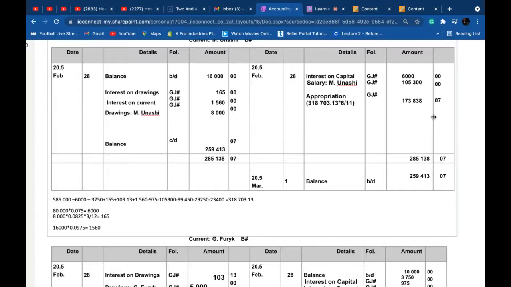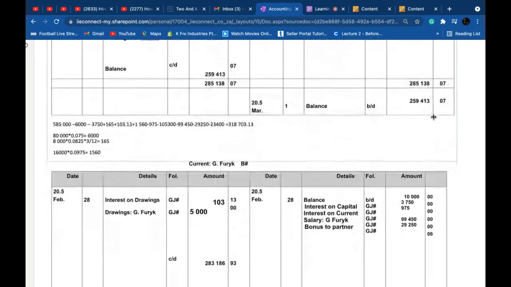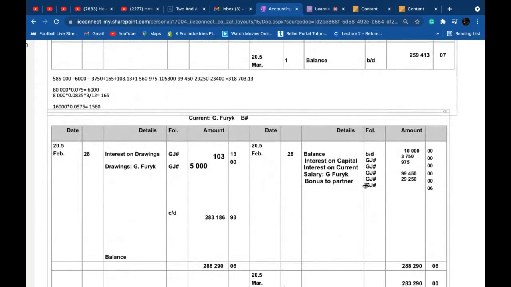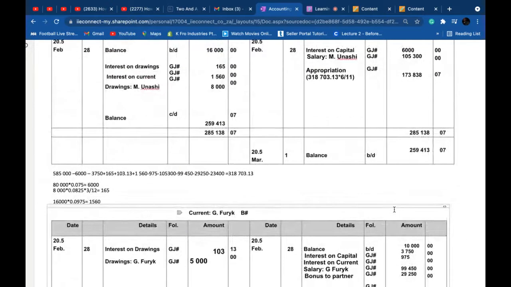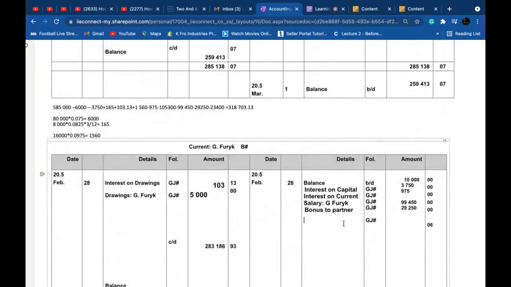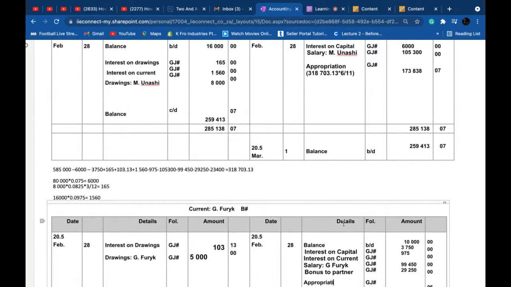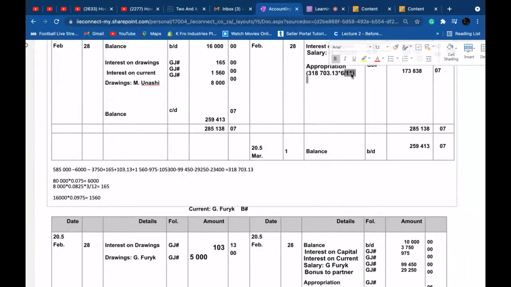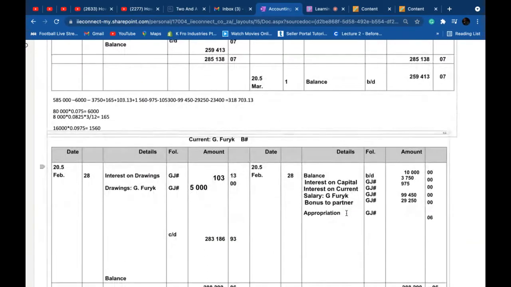Cool. So we've got that done for Unashi. We now need to do the same for G. And what is G's share of the pie? 5 over 11, right?